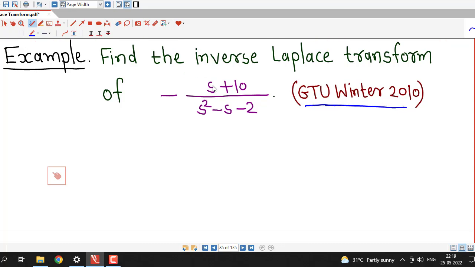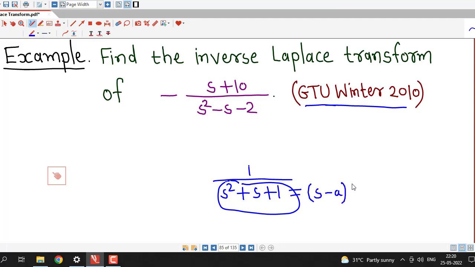Now we have seen in the lecture before this that suppose we have a quadratic factor which is irreducible. Then this cannot be written as a product of two linear factors.